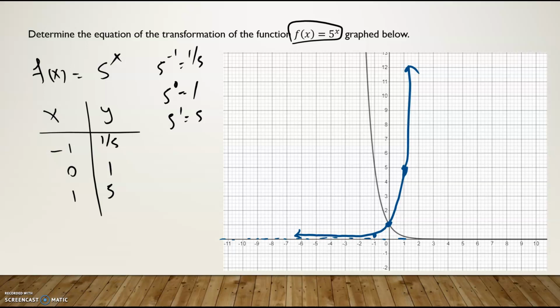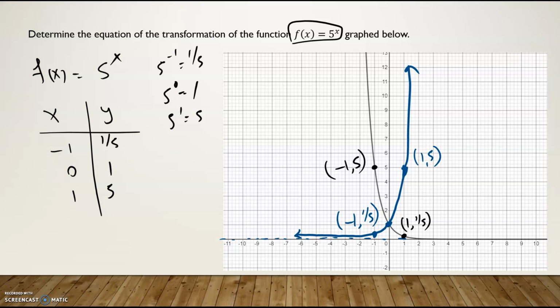Now notice, we'll label this one at negative 1, 1/5, and we'll label this one 1, 5. If we look at the graph that they gave us, right here we have 1, and it's really small. I'm going to assume it's 1/5. But this one over here is negative 1, 5.